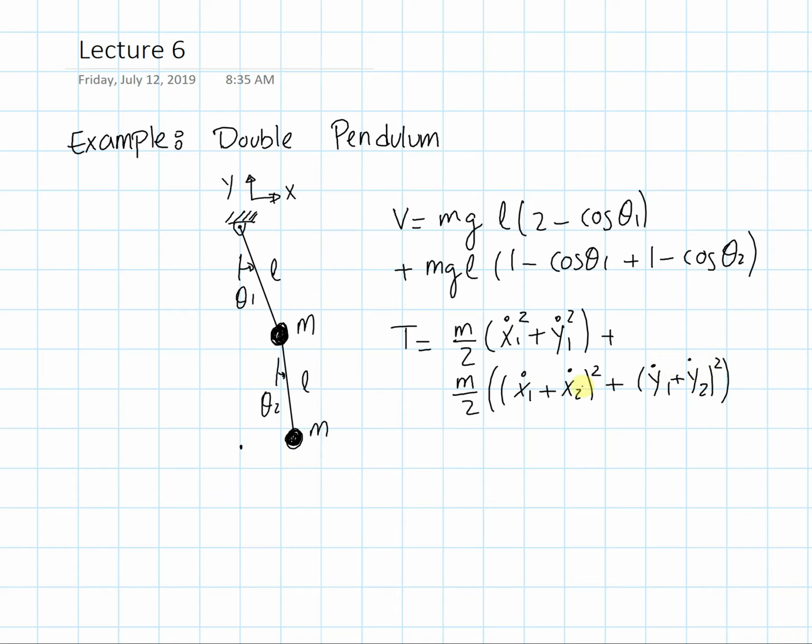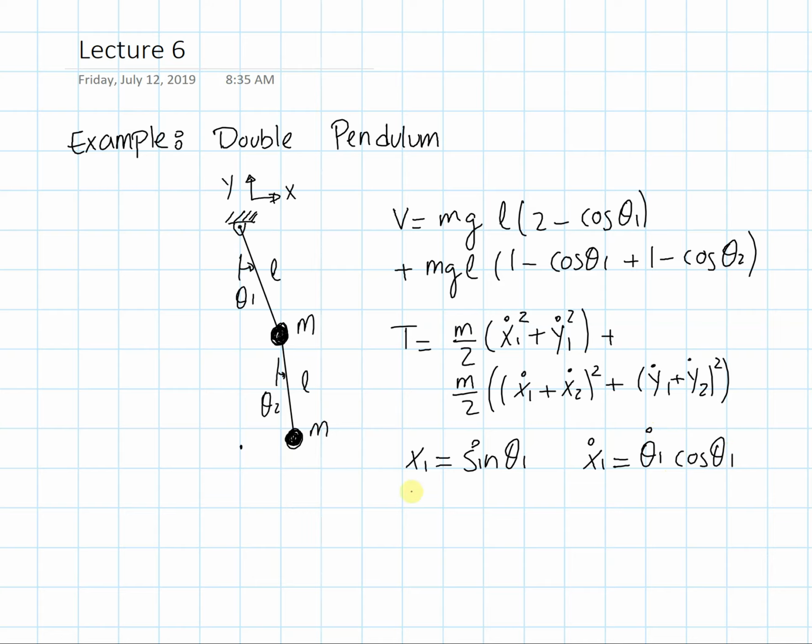That's what we have. And what I can now do is to make sure that all these x1s and y1s and x2s and y2s are expressed in terms of theta 1s and theta 2s. So I have x1 is equal to sine theta 1. So if I'm taking derivatives with regards to time, I have theta 1 dot cosine theta 1.